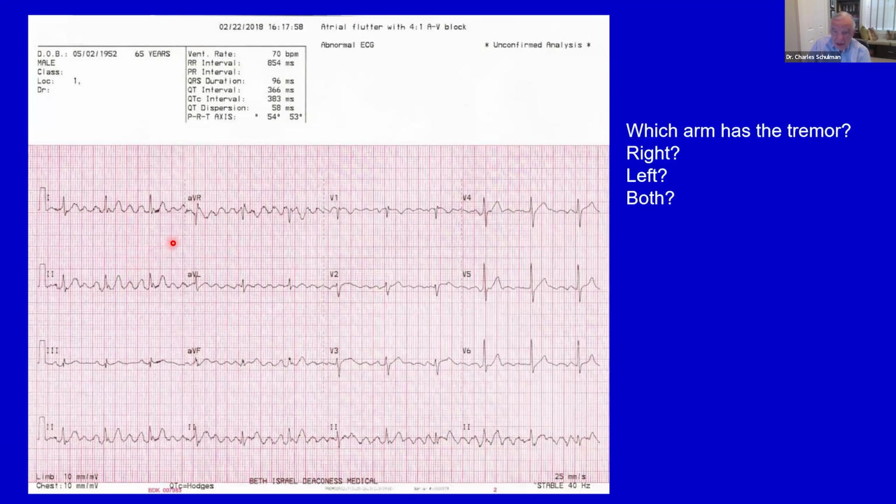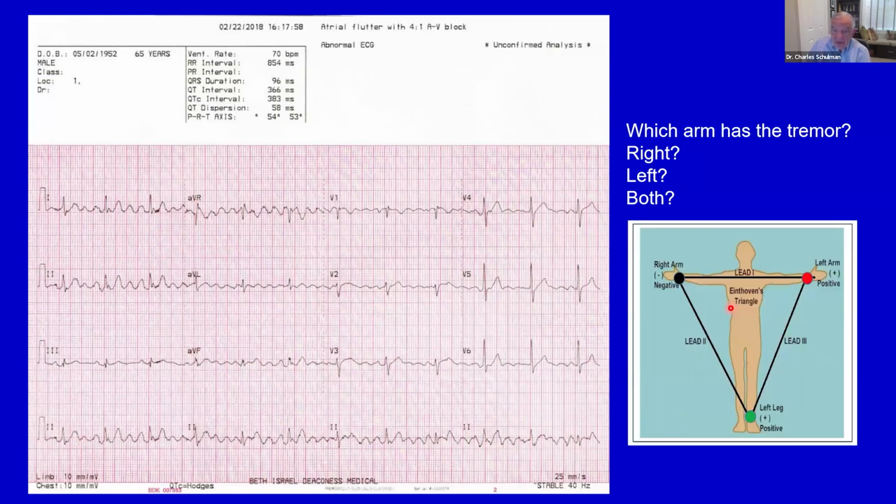The question is, which arm has the tremor, right or left or both? We can use Einthoven's triangle to figure that out. Lead 1 has a tremor, so that means either the right arm or the left arm has it, or both.